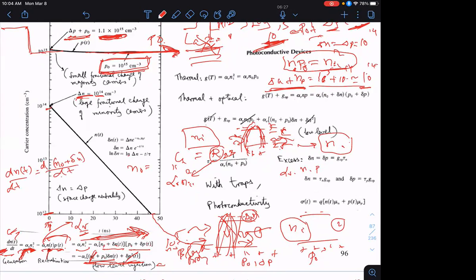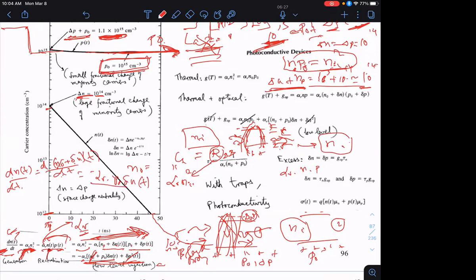Now dn naught dt is 0 because that's a constant. So dn dt is the same as d dt of delta n equals minus alpha r p naught times delta n. And this is, of course, a time-dependent term.